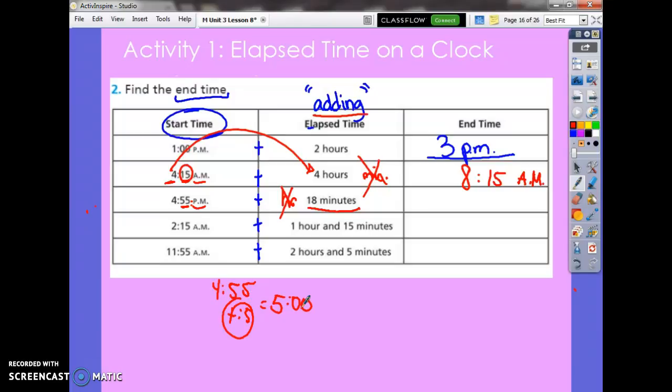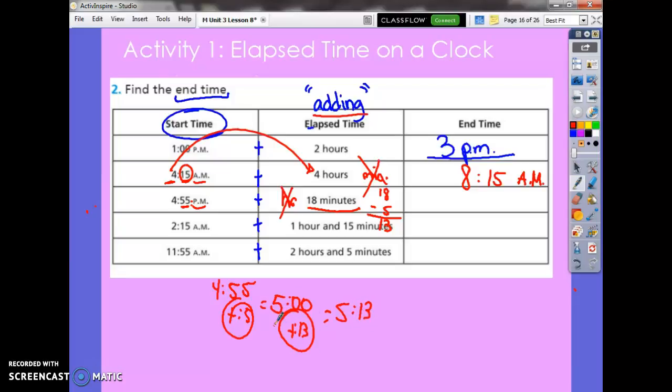Now, I can only add 18 minutes. My elapsed time is only 18 minutes, and I've already used 5 of those minutes. So if I have 18 minutes and I've used 5 of those minutes, that means I have 13 minutes left to add. So if I have 5 o'clock plus 13 minutes, I'm going to get 5:13.